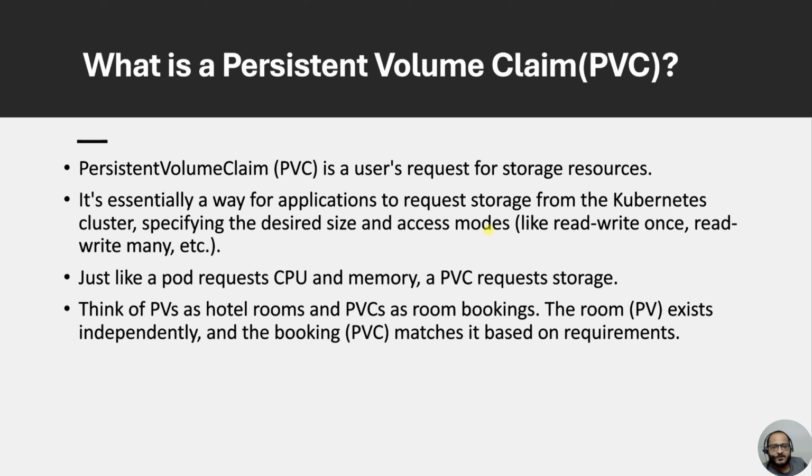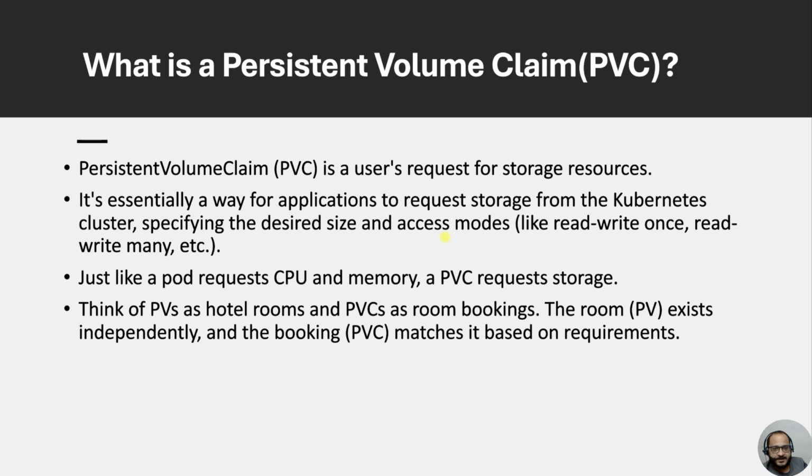In a persistent volume claim, you have to define how much size you need and what the access mode will be, like how your application pod will access the persistent volume. All those things you have to define in the persistent volume claim.